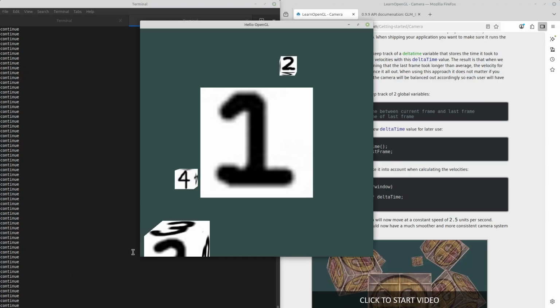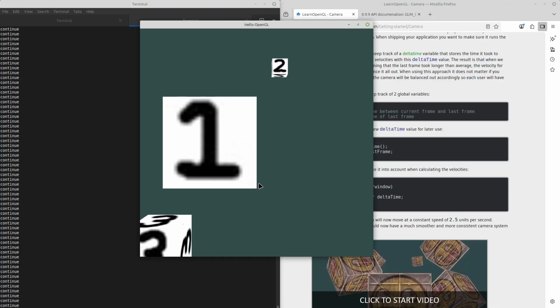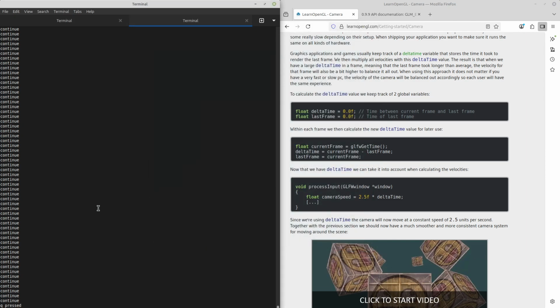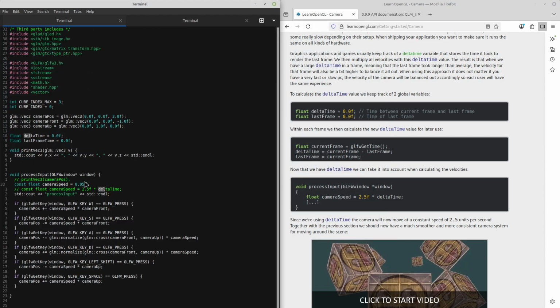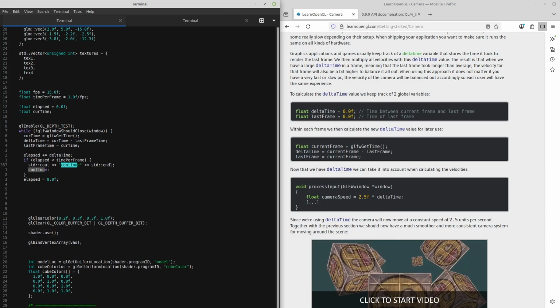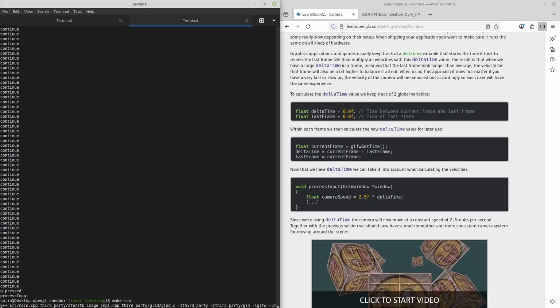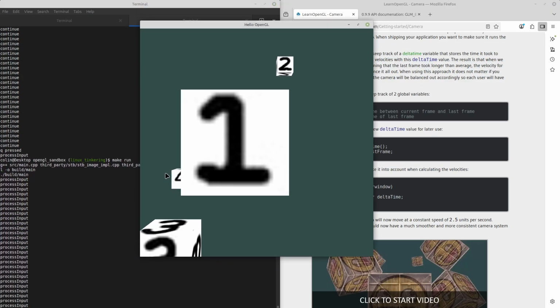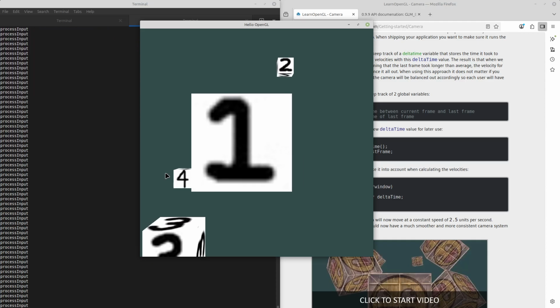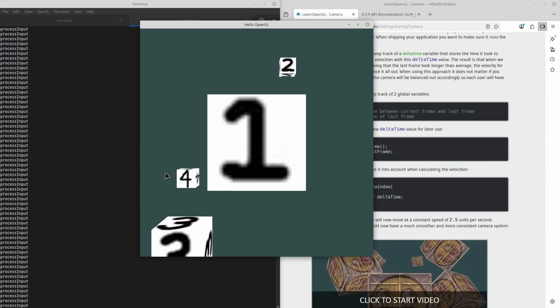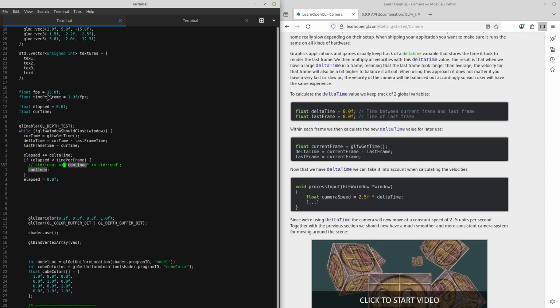Okay, process input is getting printed. It's just... So we're processing that probably 15 times per second, which is what we want.